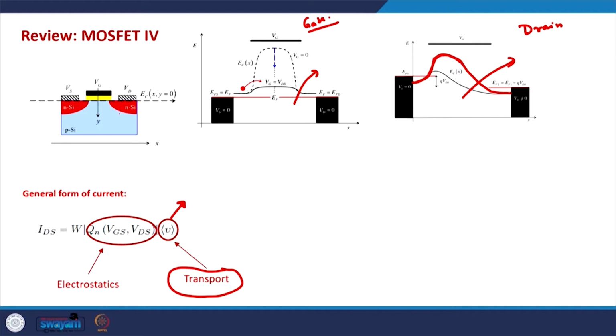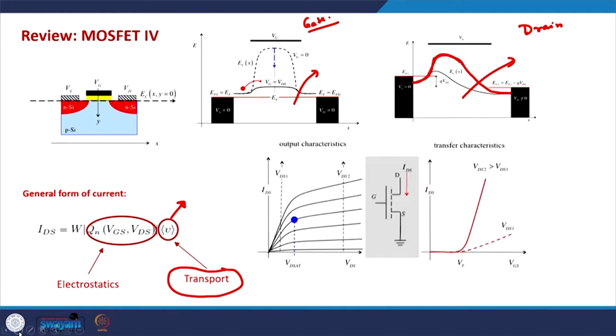So if we draw the band diagram of this device, this barrier appears naturally, but it can be manipulated by applying a gate voltage and drain voltage, and that is how we can induce current in the MOSFET.